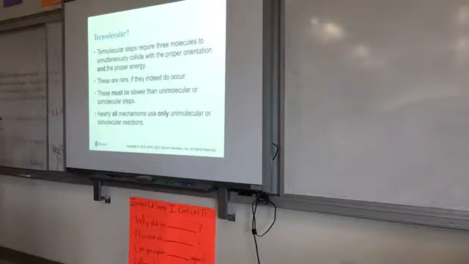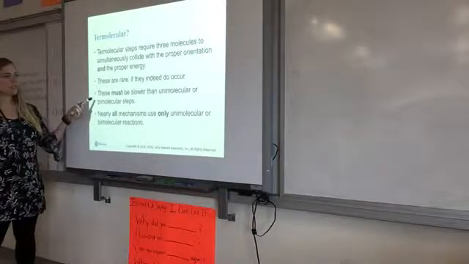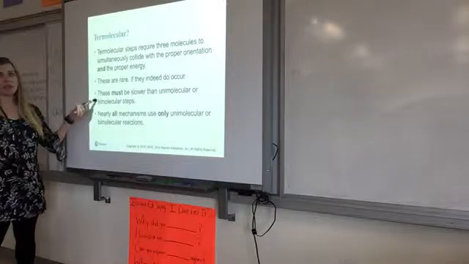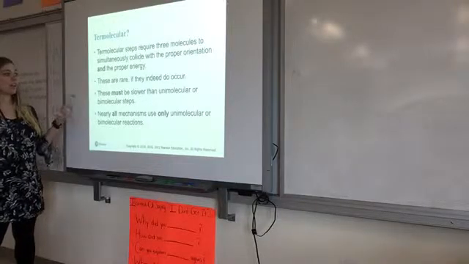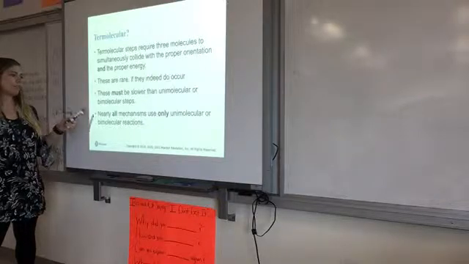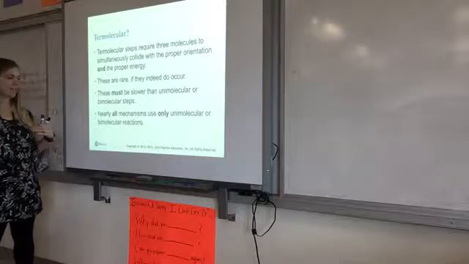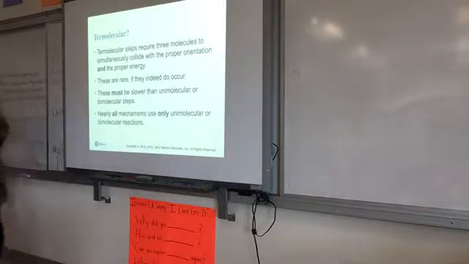They do happen. It's not that it never happens, but just be aware that it's pretty unusual. If they do occur, that elementary step is usually slower than other types of elementary steps, okay? Because most reaction mechanisms use unimolecular processes or bimolecular processes.